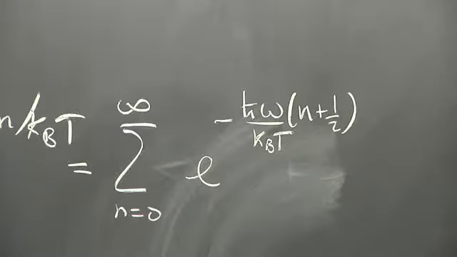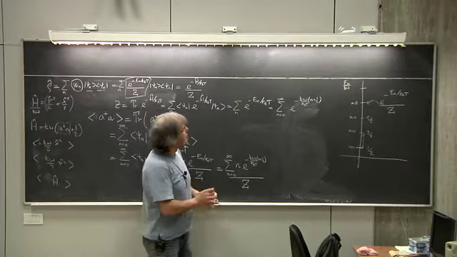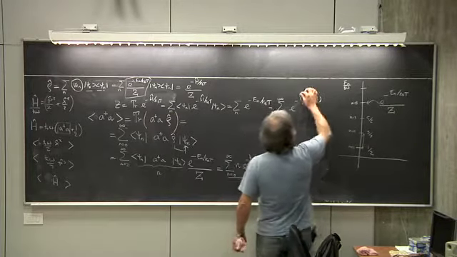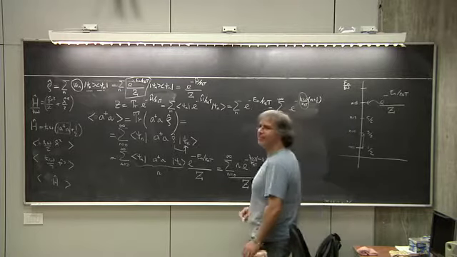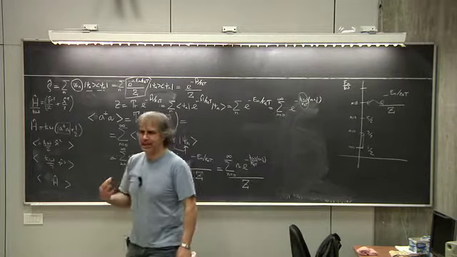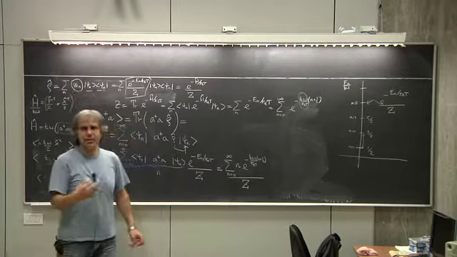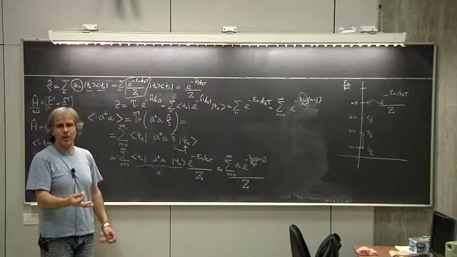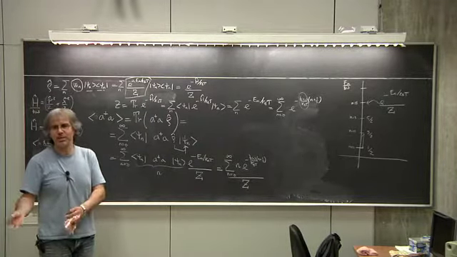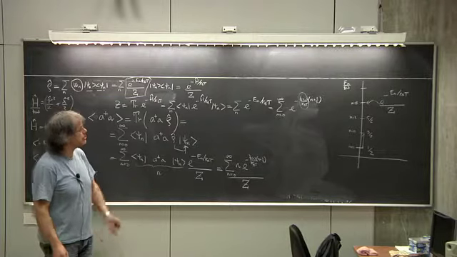You see that I always have this factor h bar omega over kBT. Reasonable, right? H bar omega is the unit of energy in our problem. kBT is a very important energy scale, the temperature.